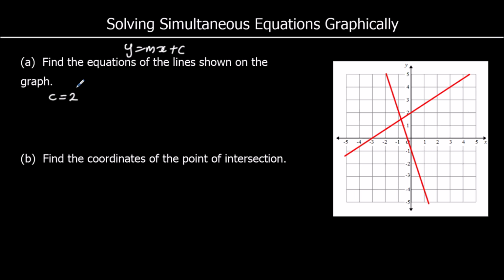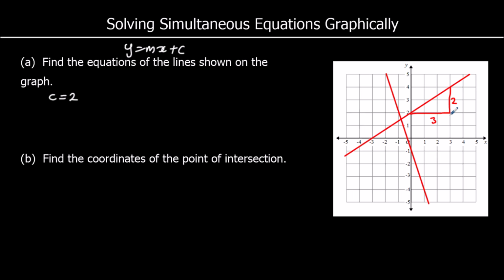So it's got a y-intercept of 2, and the gradient is for every one it goes across, how much it goes up or down. So it goes across 3 up 2.